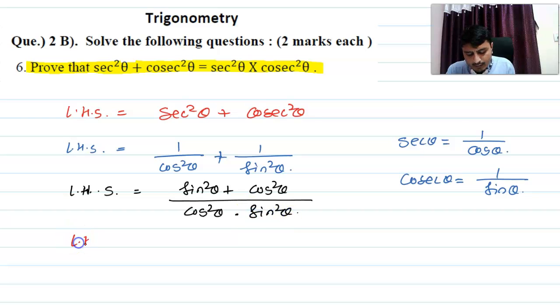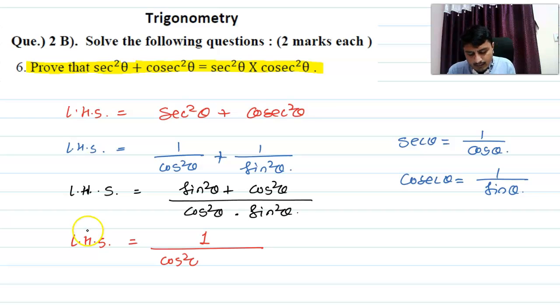As per the trigonometric identity, sin square of theta plus cos square of theta is equal to 1. So after simplifying, the LHS is 1 upon cos square of theta into sin square of theta, which we can write as 1 upon cos square of theta into 1 upon sin square of theta.